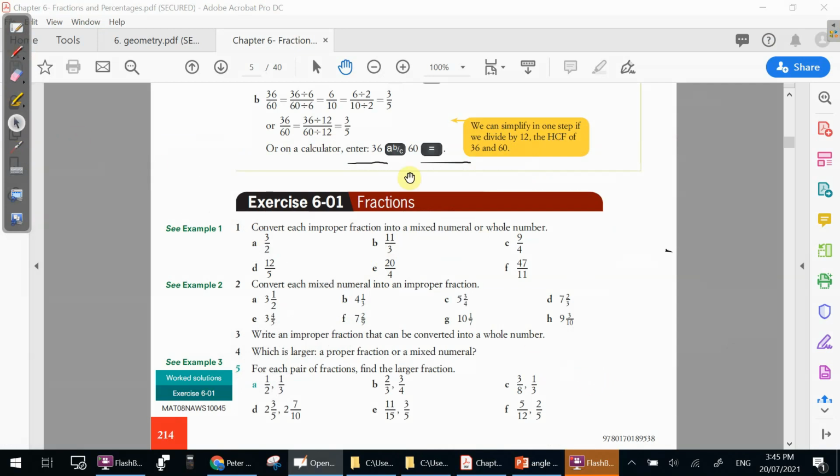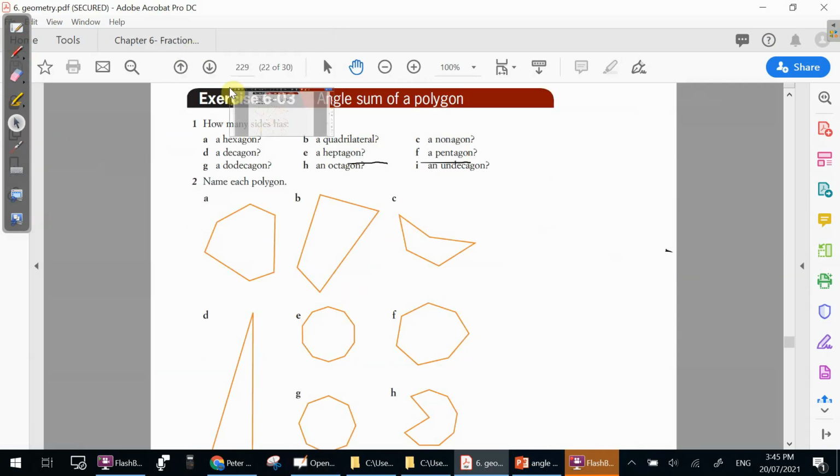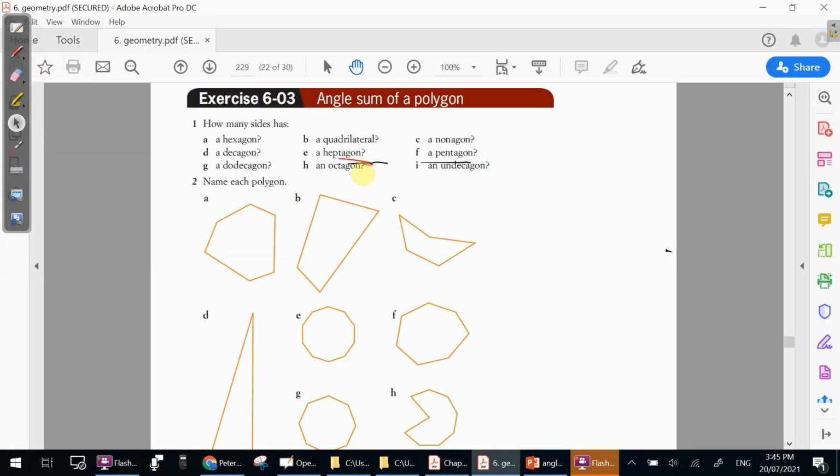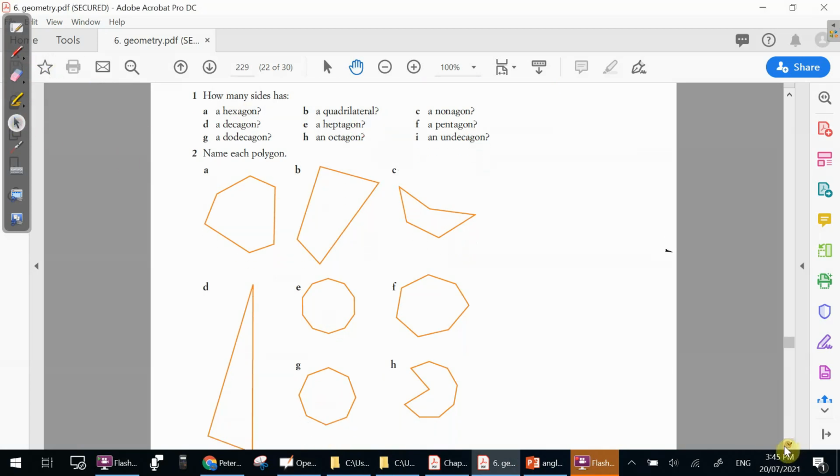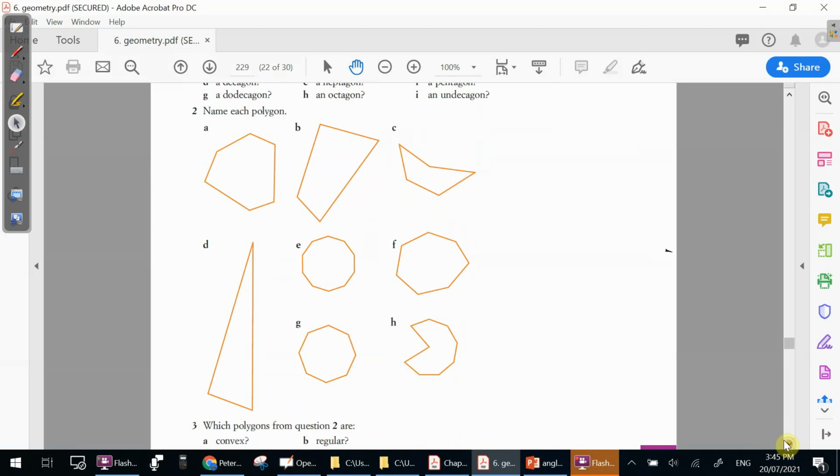So we've got, just got to get rid of all this. Okay. So question 2 is the first one. Name each polygon.